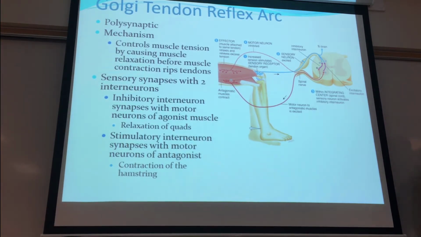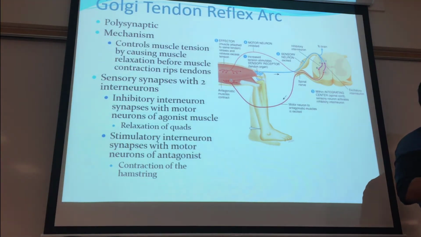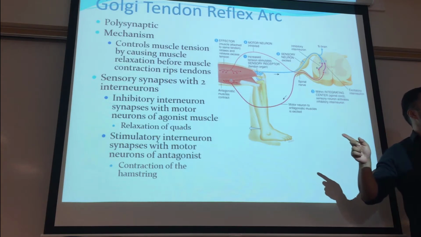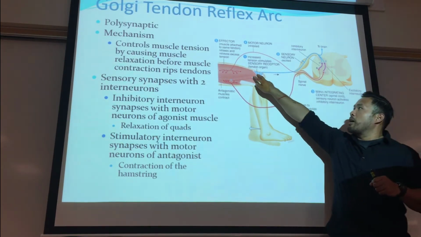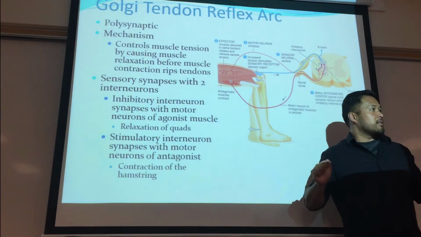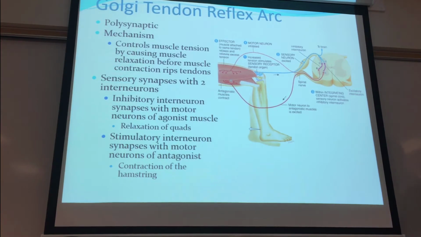So the example that I used would be excessive muscle contraction. A good example is always weightlifting. You place too much effort on a joint, and what's going to happen is it's going to limit the contraction. So at that point, you'll notice upon excessive load, the muscle fails. Another example would be stretching.